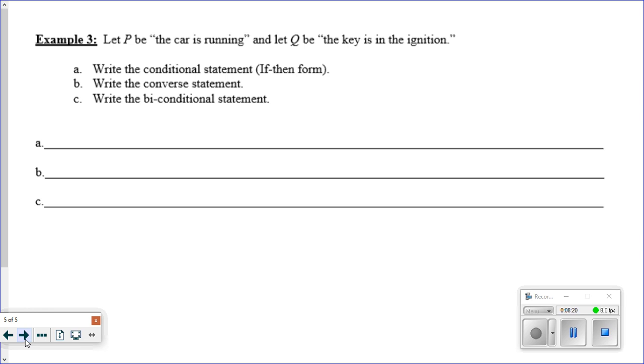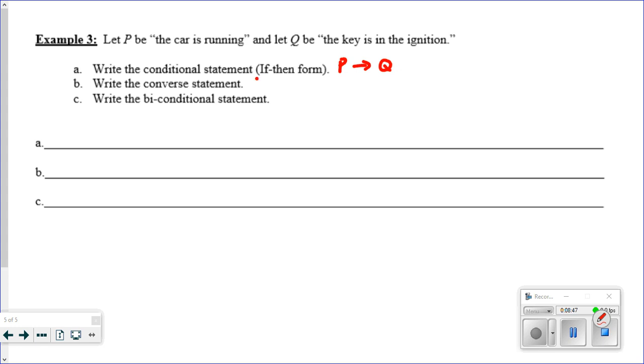All right, so conditional statement. P is the hypothesis, Q is our conclusion. So if it's a conditional statement, then it's P implies Q. So I'm going to say if P, then Q. Remember, the converse switches those.